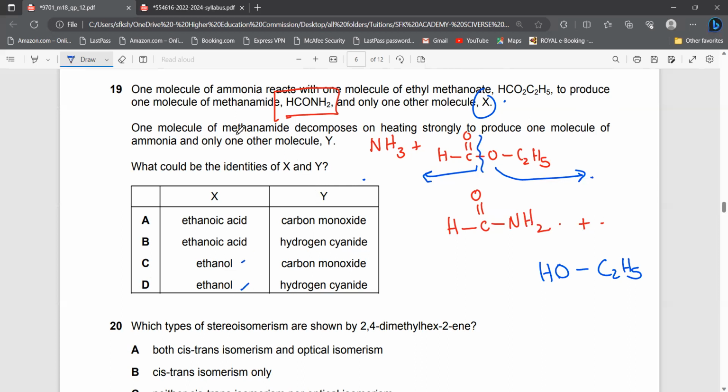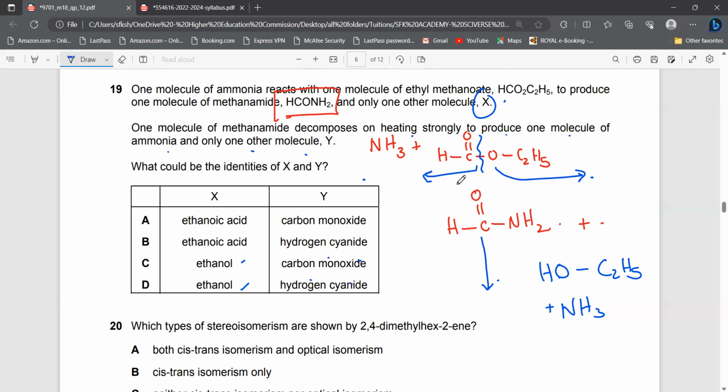What about Y? Now, one molecule of ethanamide decomposes on strong heating to produce one molecule of ammonia and something else. So along with this something else, this can either be hydrogen cyanide or carbon monoxide. So what do you think it might be?